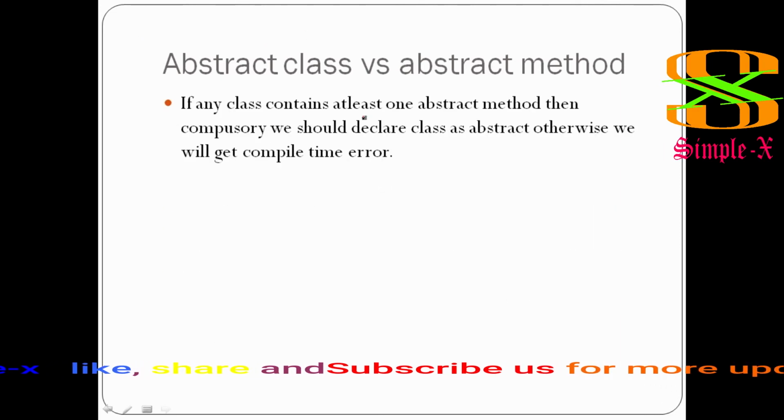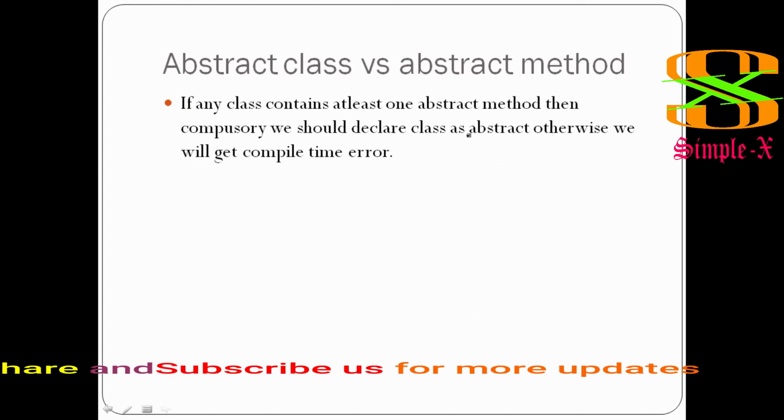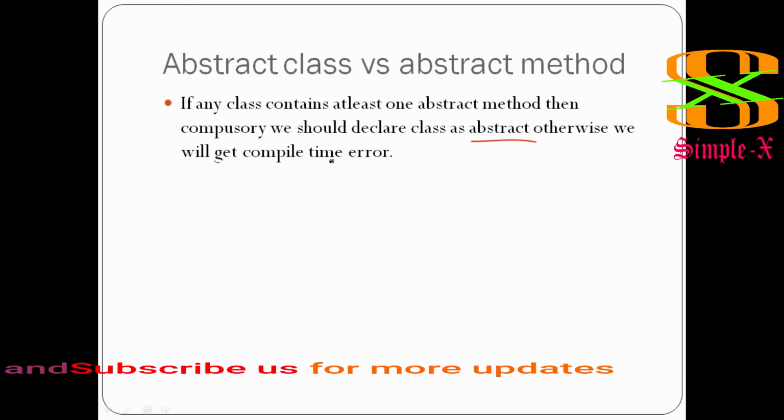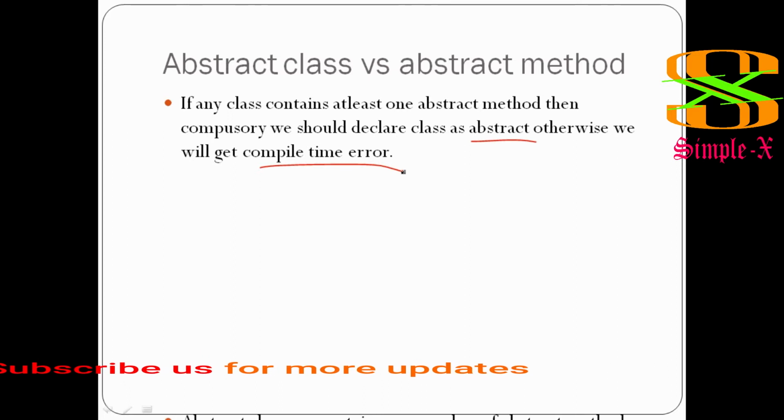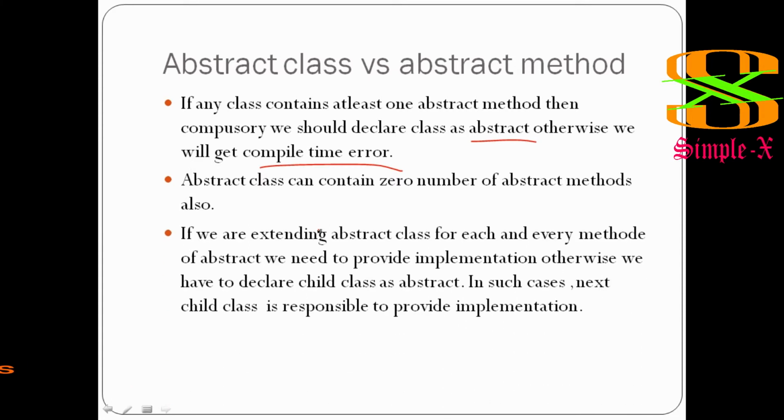If any class contains at least one abstract method, then compulsorily we should declare it as an abstract class, otherwise we will get a compile time error. Next, if we do not have an abstract method also, we can define the class as abstract. That means if object creation is not possible, if we feel so, we can keep it like that.